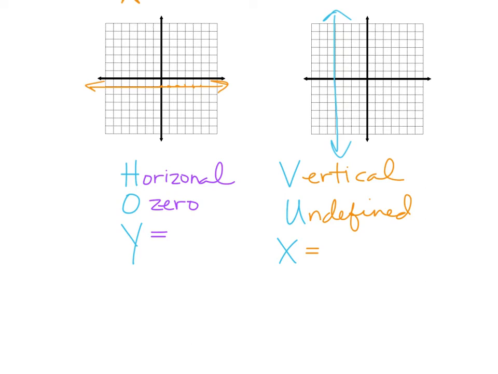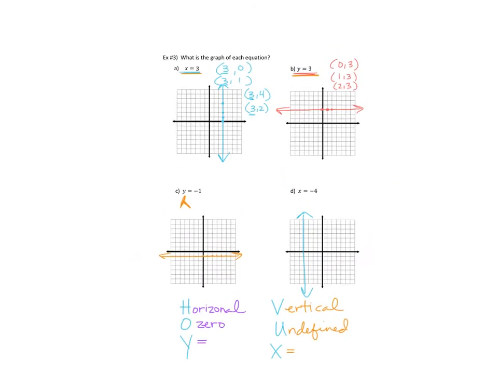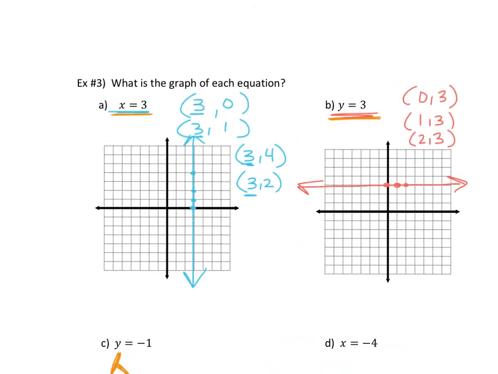Yeah, but I have only one question. In the example, is there a problem where the line is diagonal? No. If it's x equals, it will always be vertical, and if it's y equals, it will always be horizontal.